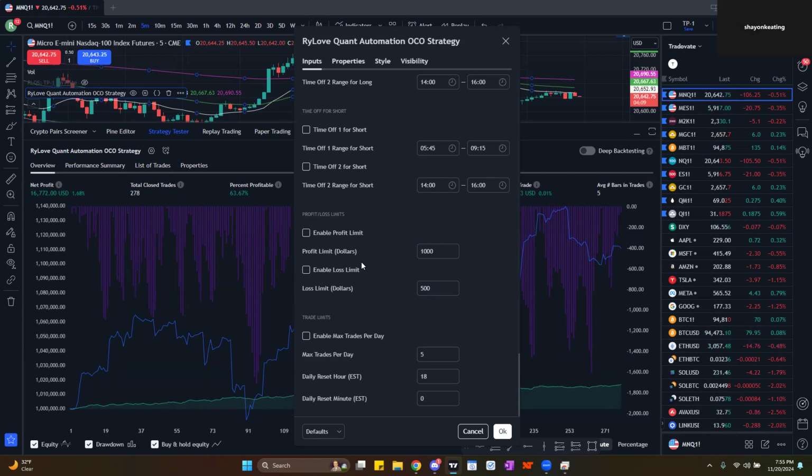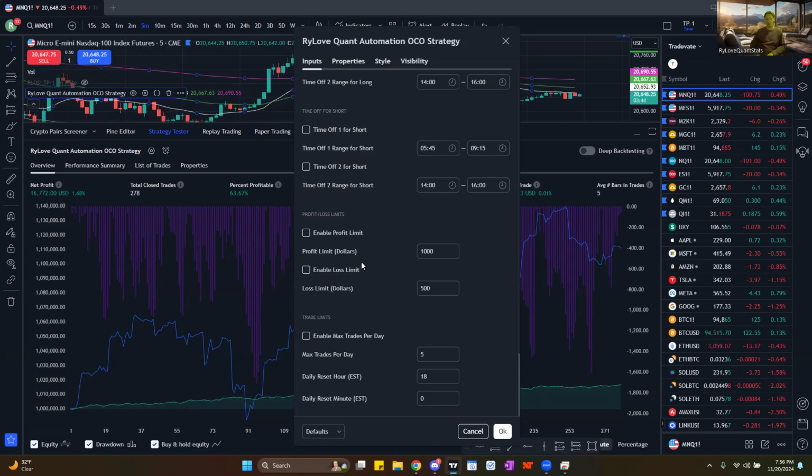So I guess the only other thing I have about this portion right here: you're limiting yourself, let's just say, to $1,000 per day, and then it resets at 1,800 hours, and then you're only taking like five max trades per day. Would you essentially need to toggle on the profit limit plus the max trades, or just one or the other?